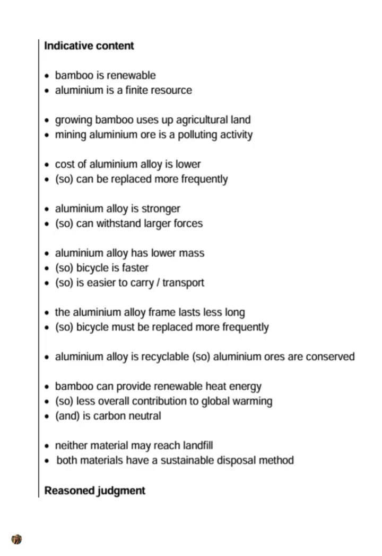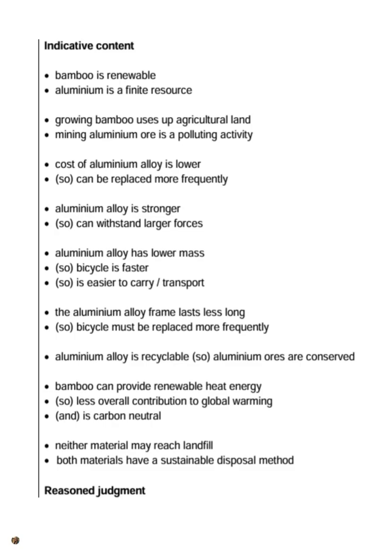Well, that's wrong, because the heat energy released could be used to make electricity, and there's also the fact that because the bamboo can be grown and harvested, used for the bike and then burnt afterwards, and more bamboo grown means that overall its use is carbon neutral.